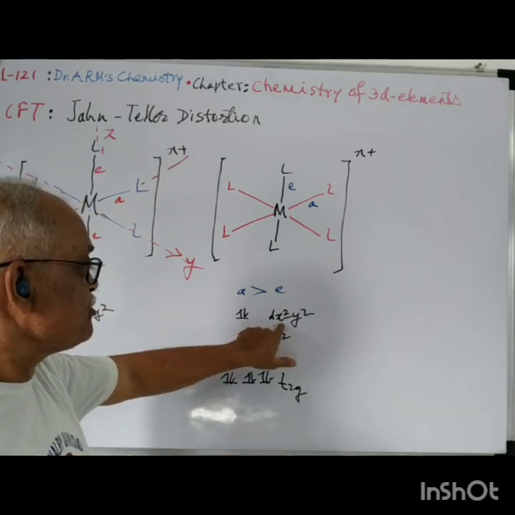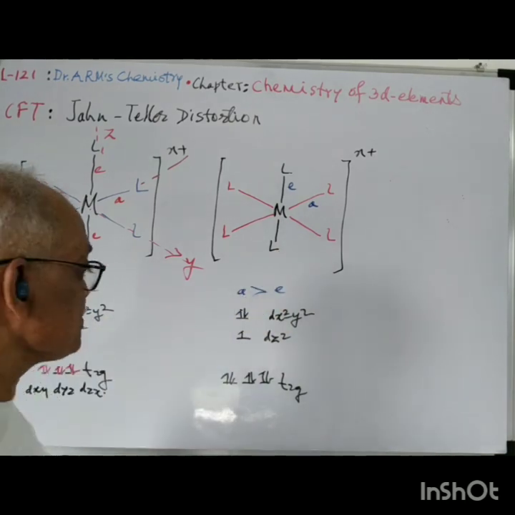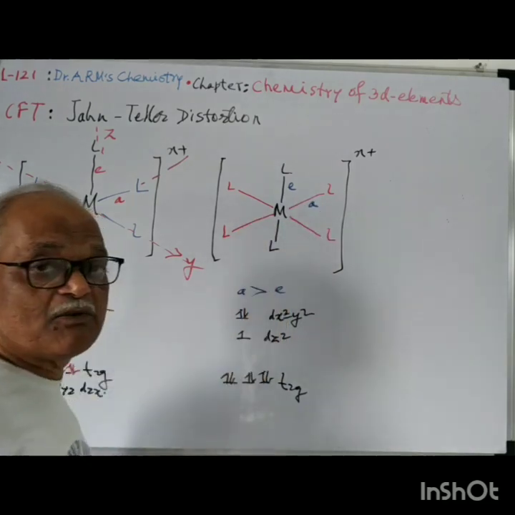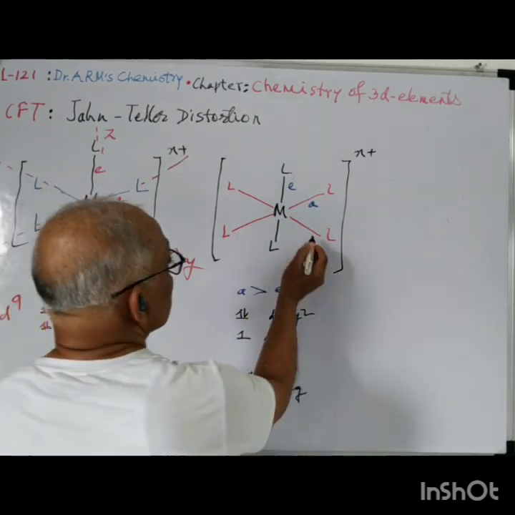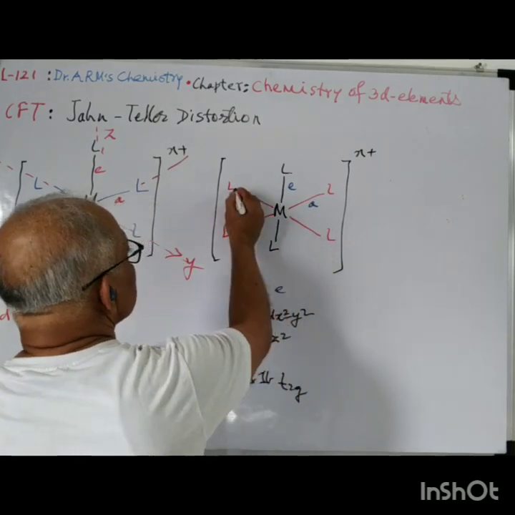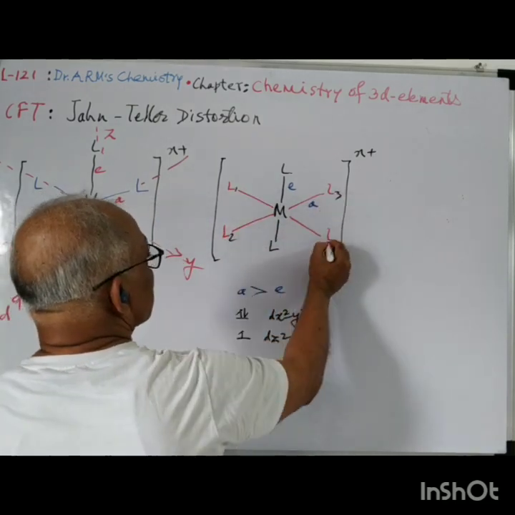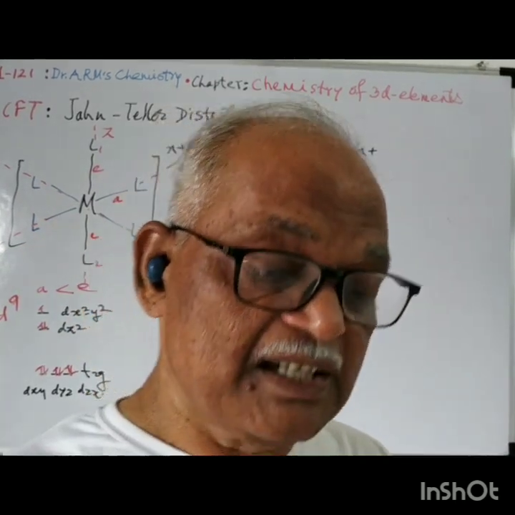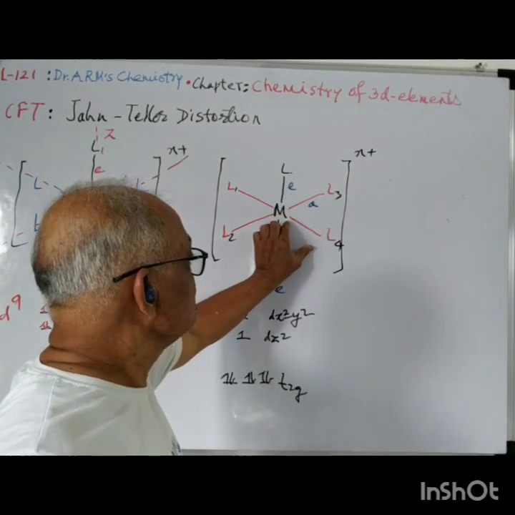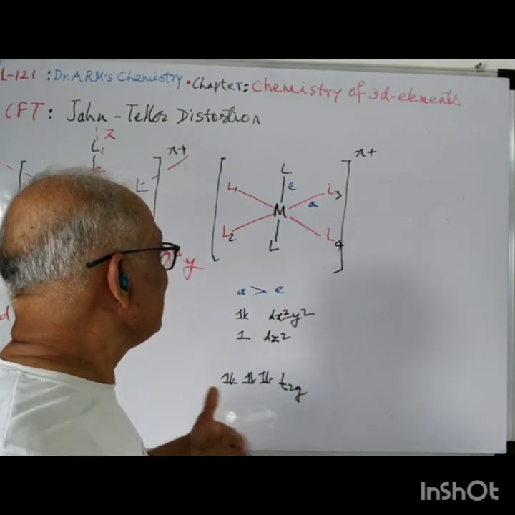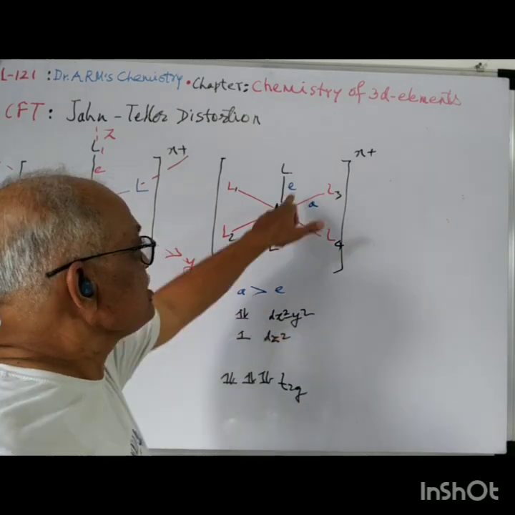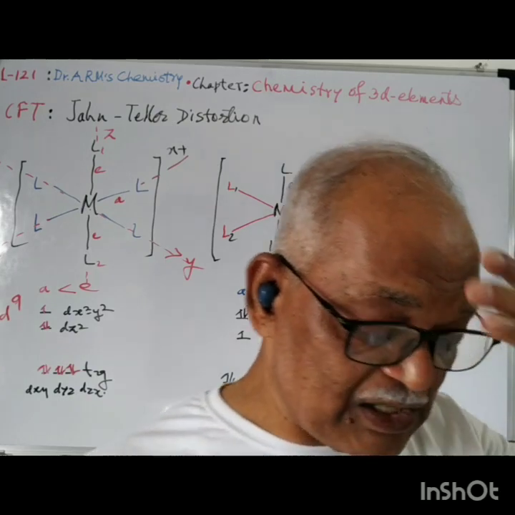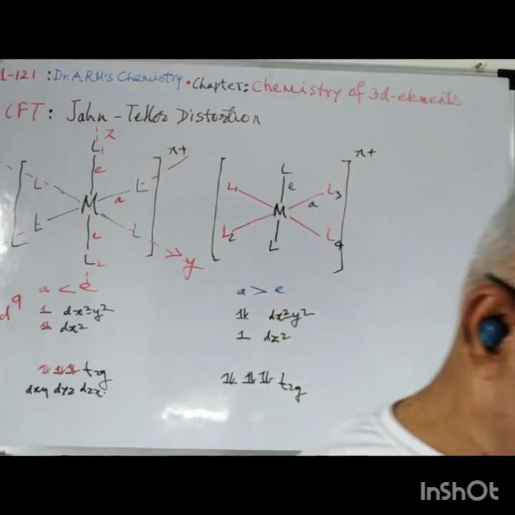In the dx2 minus y2, there are 2 electrons, means electron density is more in the direction of x and y axis. As a result of this, the 4 ligands, that is L1, L2, L3 and L4, are showing stronger repulsion. As a result, these 4 ML bonds are larger, means A is larger than E. So the D9 configuration also exhibits the same kind of distortion.